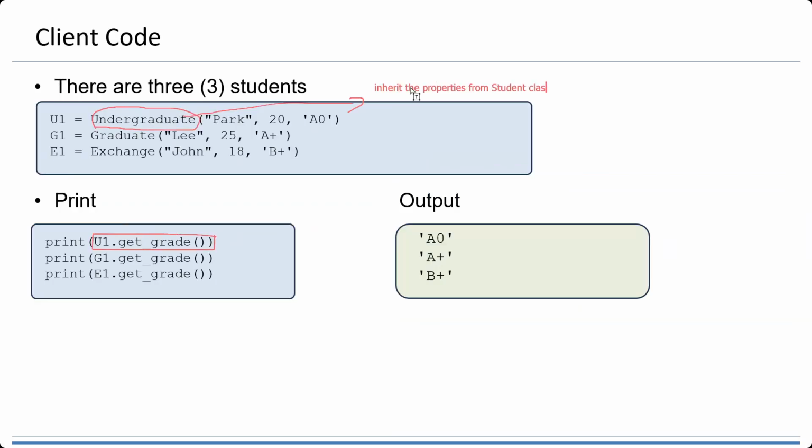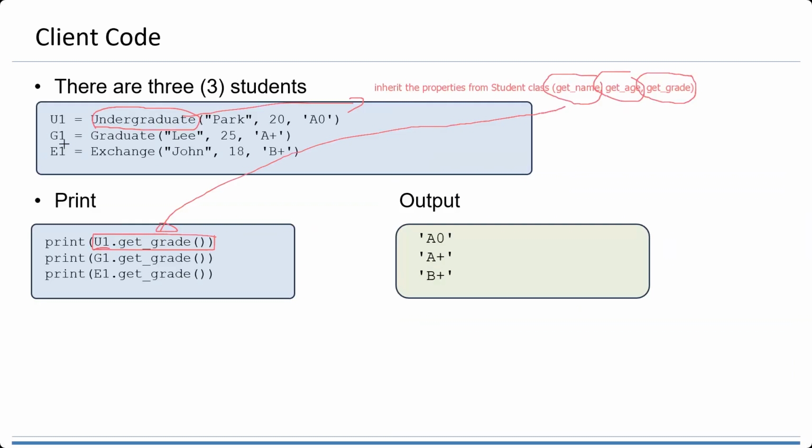In the student class, you have get name, get age, get grade. It means when you declare the inheritance from the undergraduate class, you will have the get name, get age, get grade from the student class, and you can use it in the undergraduate object.